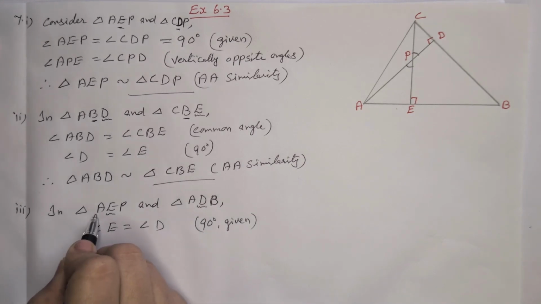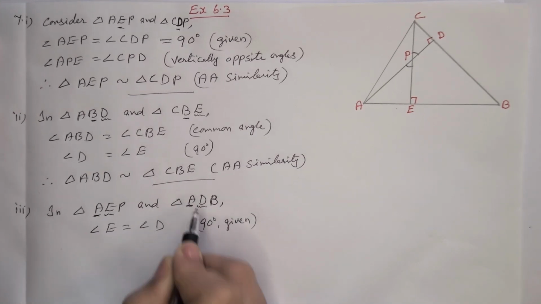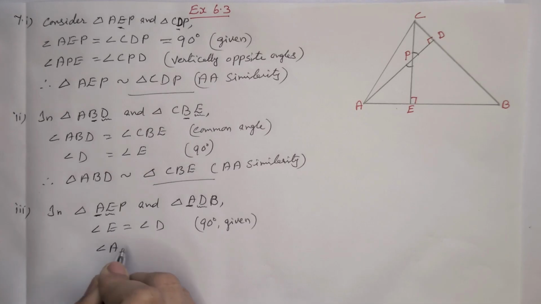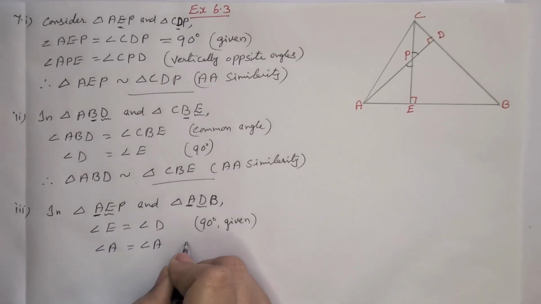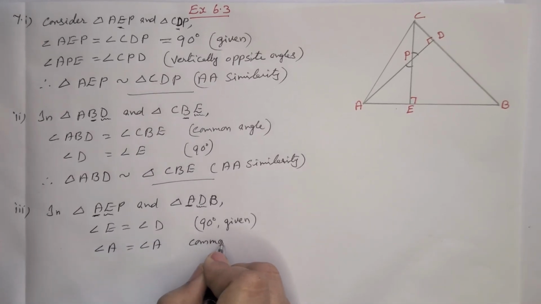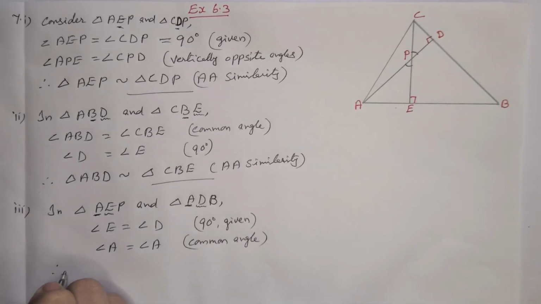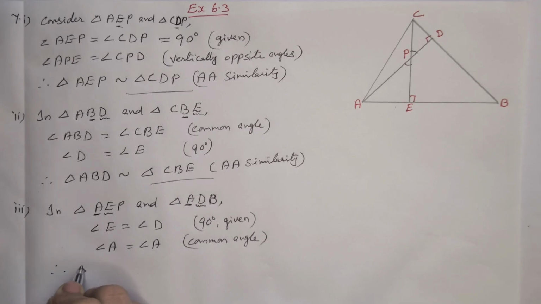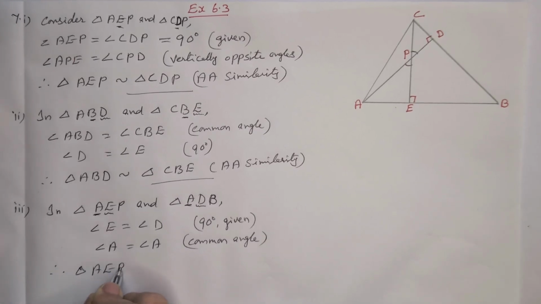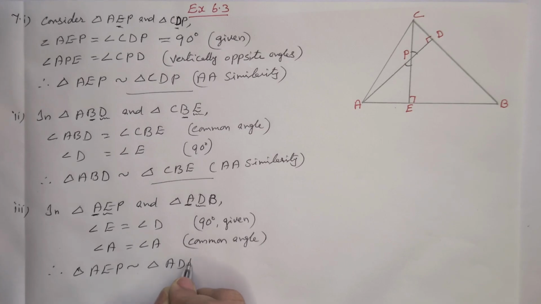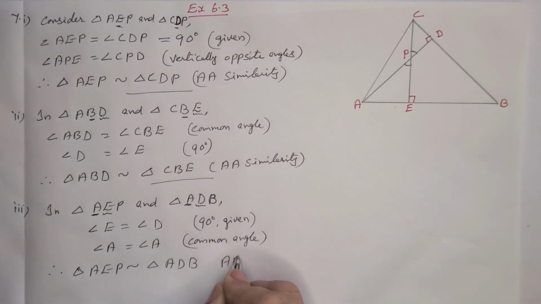Then we can see here angle A is common. Angle A is equal to angle A, common angle. Therefore, these two triangles are similar. Triangle AEP is similar to triangle ADB by AA similarity.